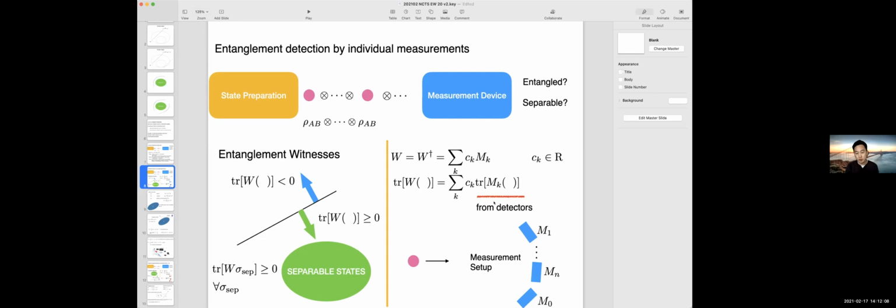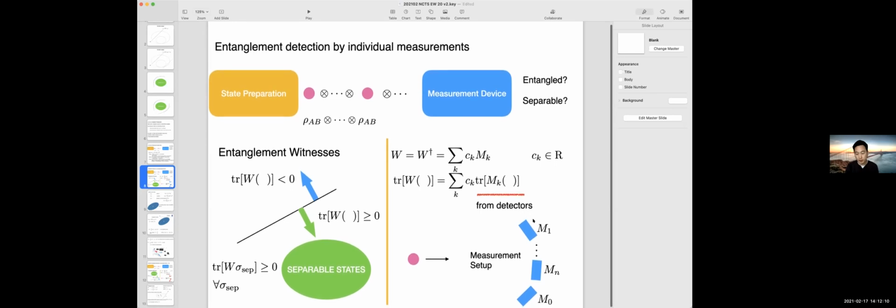And then we perform measurements. So we perform an experiment, okay? And the experiment contains a measurement setup with these POVM elements, which come from the entanglement witness.